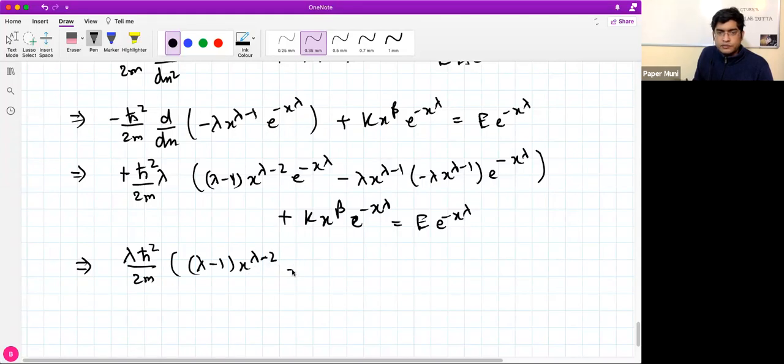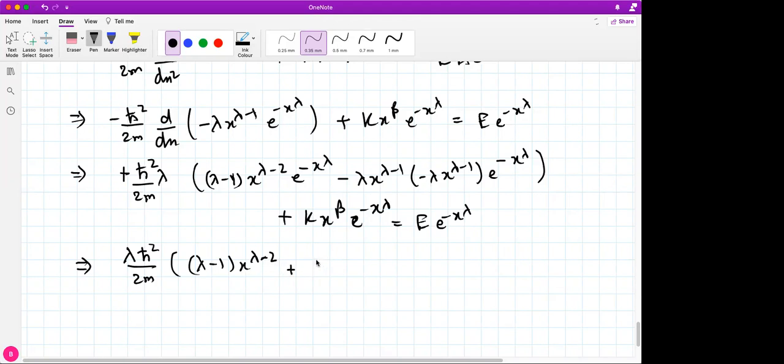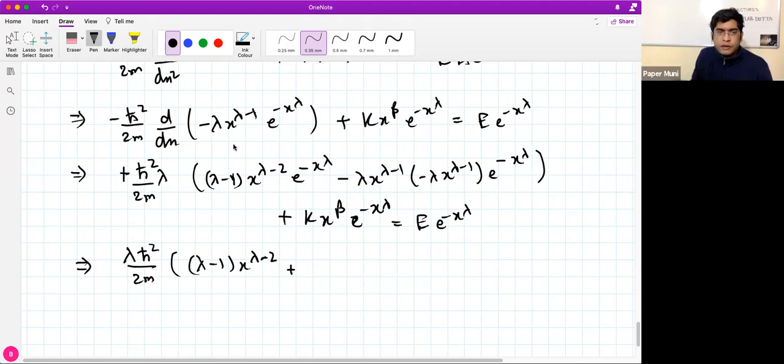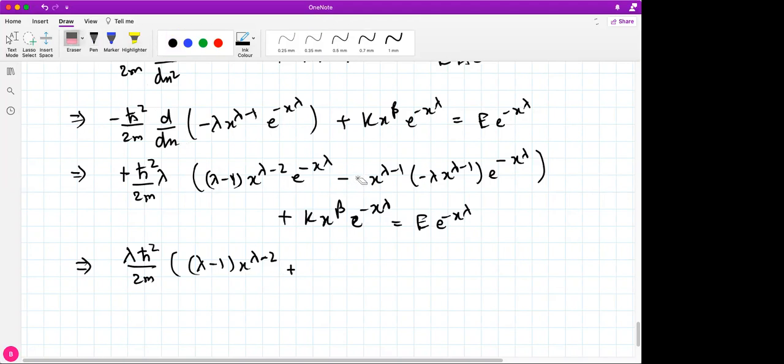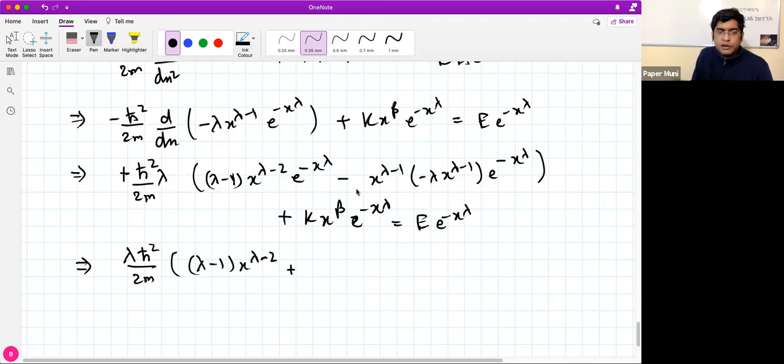Now this is the plus sign, so we'll have, yes, tell me. I think there is an extra lambda in the second term. Okay, I took lambda outside, no? Yeah, all right, thank you so much. Okay, I took the lambda outside, so I forgot that. So this is fine, right?